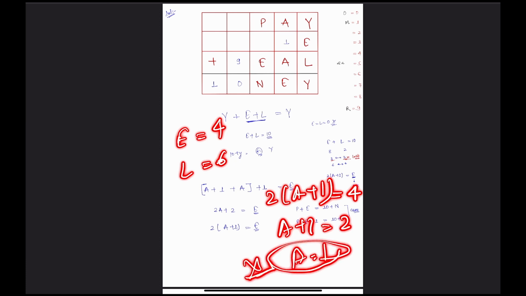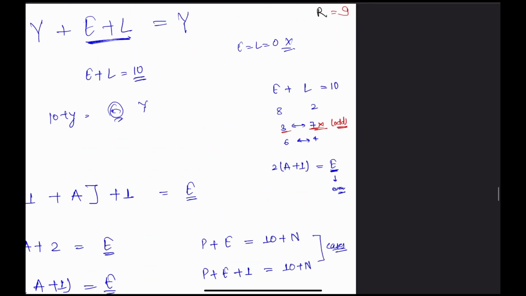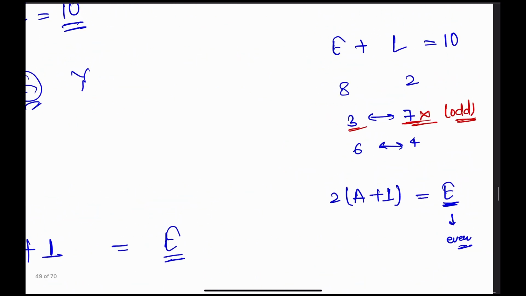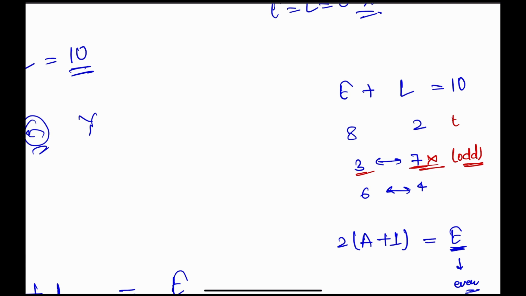This is also not possible because M is already equal to 1. So E equal to 2 is not possible, E equal to 4 is not possible. So E can be 6 and L will be 4.